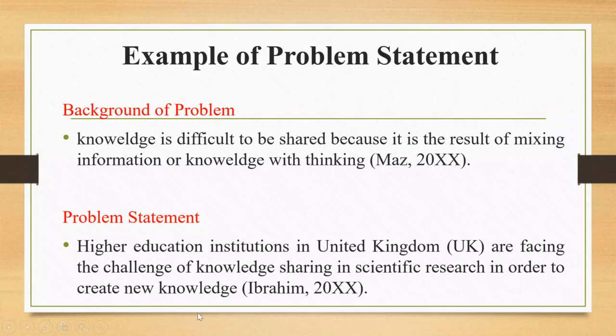So here we can see that the lower one is more specific and the upper one is more general. The upper one can be the background of the problem, which introduces the readers to the problem of the research.